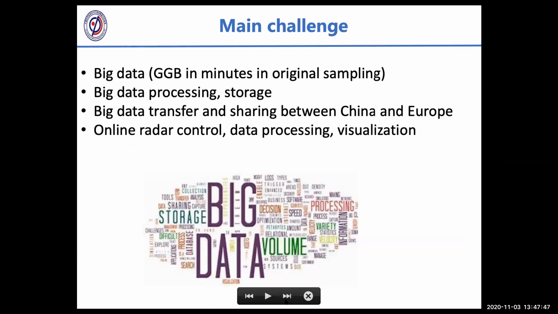The main challenge for us is that it is a big data issue. For example, for the phased array radar, the original data is going to be gigabytes per minute. And if you process the data to level 2 or level 3, the final data is about a gigabyte per year. So we face the problem of big data processing and big data storage.